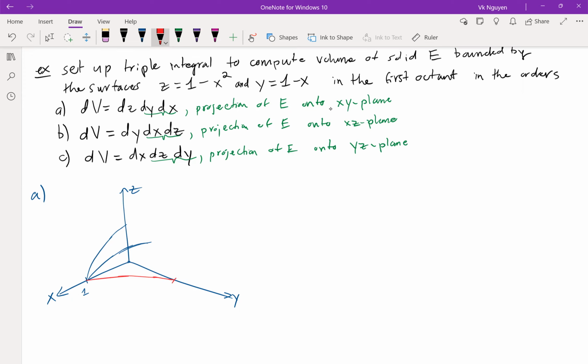And since it's in the first octant, you can only go as much as here.